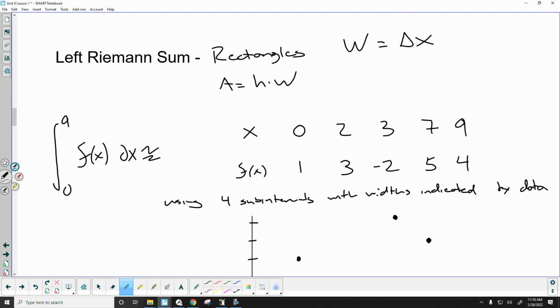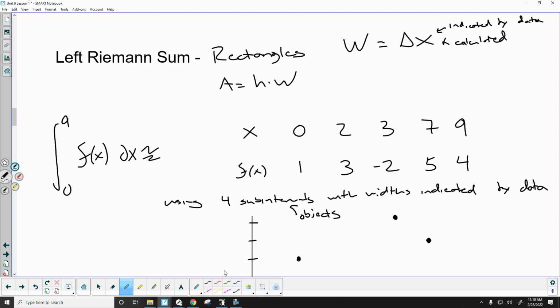It's either going to be indicated by the data or you'll be able to calculate it. We'll talk about how you're going to calculate it for a different example. Here we're doing indicated by the data. What's that mean? Using 4 subintervals tells me the amount of objects. I want to use 4 objects with widths indicated by the data.